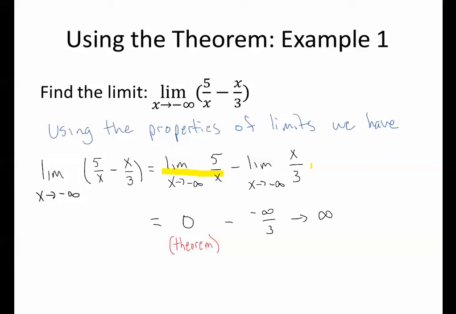If we were to evaluate, we would have negative infinity over 3. Thinking theoretically and not as an exact number, if we subtract negative infinity divided by 3, subtracting the negative makes a positive infinity. Whether we divide it by 3 or divide it by 300, it's still going to be a very large number. This is our answer.